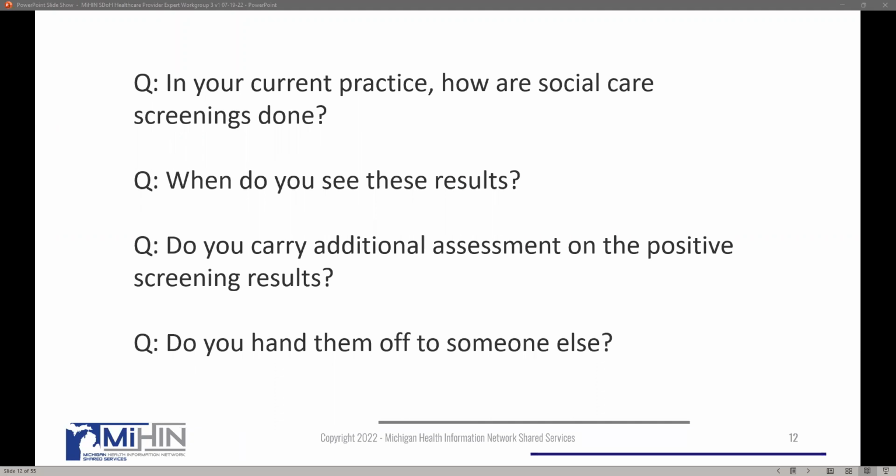Because in some situations we're sending out the portal requests up to 30 days before. And so we can see if the referral happened. And then if the referral happened, was there a visit with the MSW or GAP as per their documentation within a month? And we're working on that within a month.